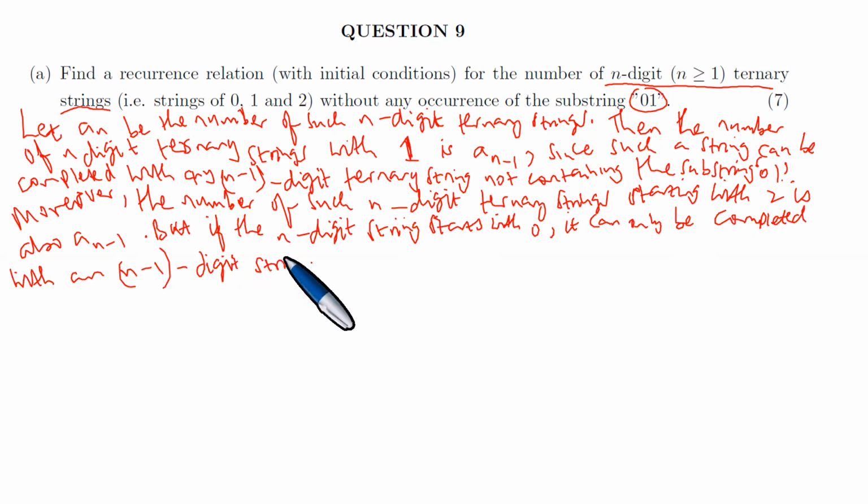Okay, let's look at this. Right, but if the n digit string starts with 0, I'm saying we're looking at those that start with 0 and the significance of those. It can actually be completed with an n minus 1 digit string.